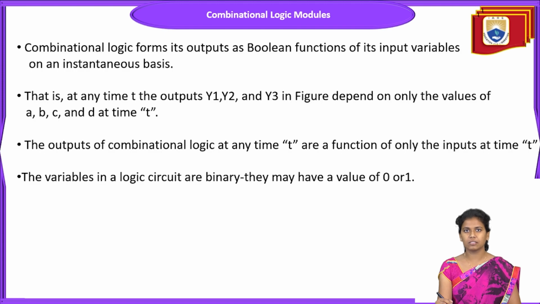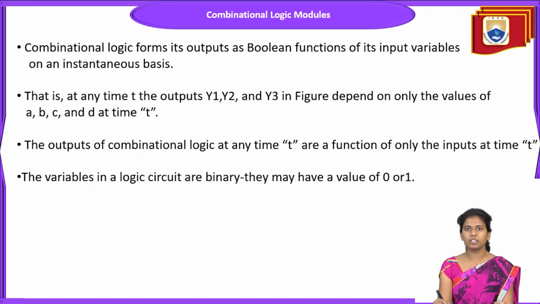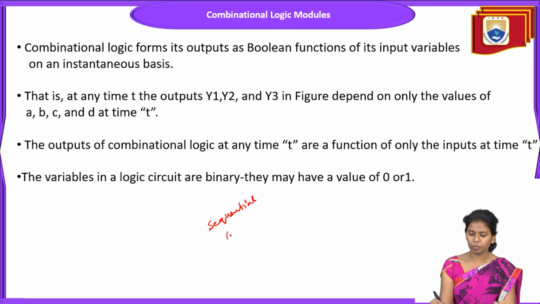Before we go forward, let me recollect the previous presentation. In the last class we discussed the user defined primitives, UDP. The user defined primitives are categorized into two types: sequential user defined primitives and combinational user defined primitives.